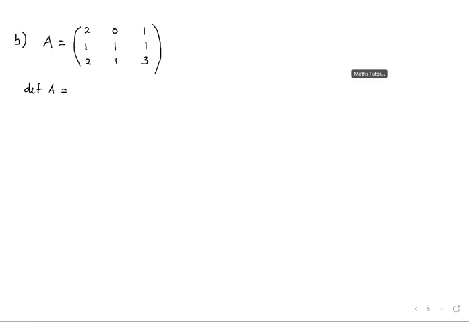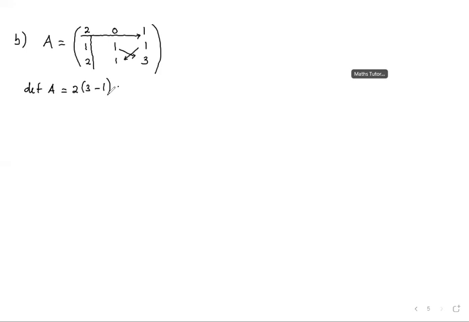So we use the first row. We pick 2 and then cancel the row and the column where 2 belongs. In the matrix that remains, we get the determinant. So we multiply 1 by 3, we get 3, minus 1 by 1, we get 1.